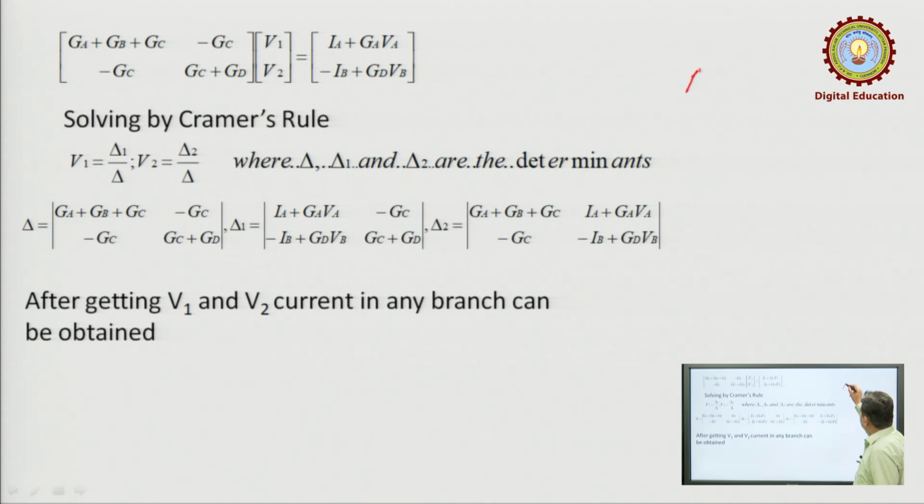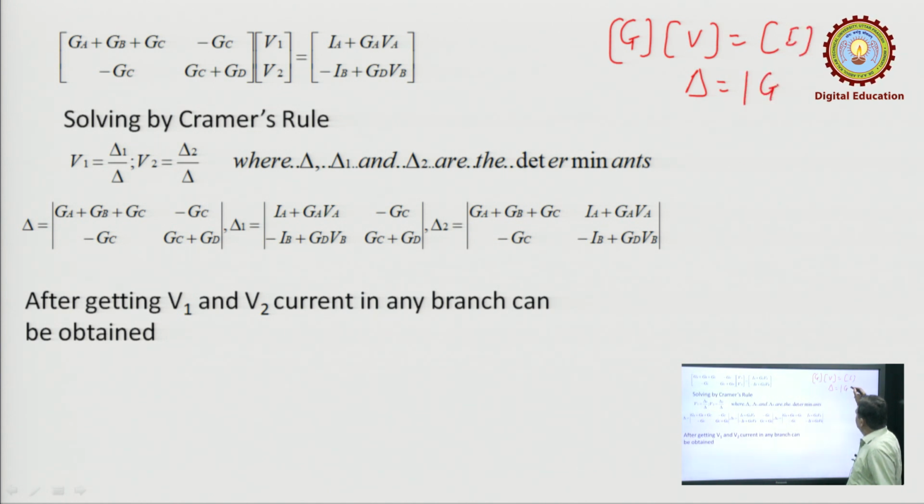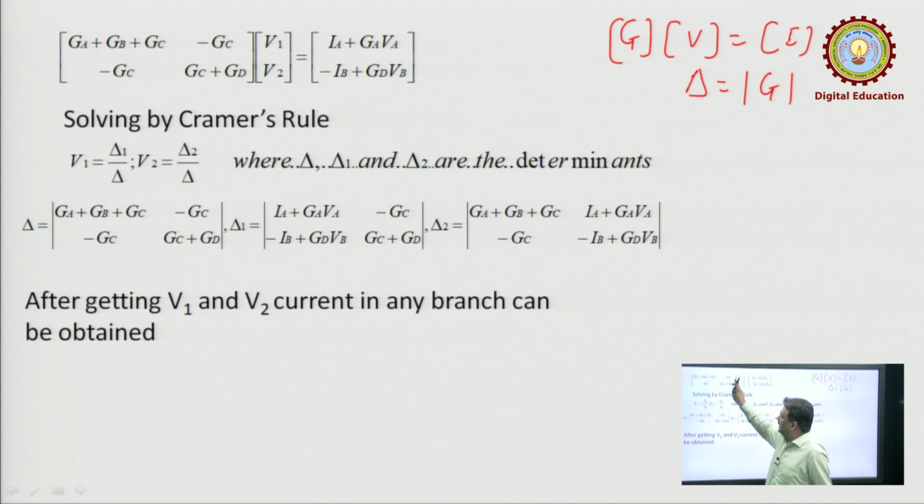Because the general form of the equation is conductance matrix into voltage matrix equal to current matrix, del is nothing but the determinant corresponding to the conductance matrix. Here the conductance matrix we got is GA plus GB plus GC, minus GC, minus GC, GC plus GD. So, the determinant of this matrix is del.